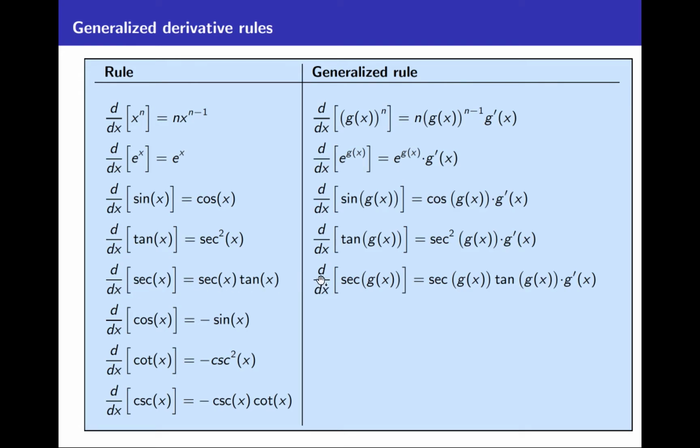This rule generalizes as d dx of secant of g of x equals the derivative of secant, which is secant times tangent, with g of x plugged into it, times g prime of x. Likewise, the derivative of cosine of x equals minus sine of x generalizes as the derivative of cosine of g of x equals negative sine, with g of x plugged into it, times g prime of x.